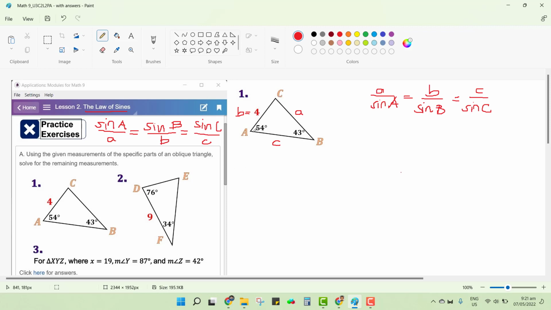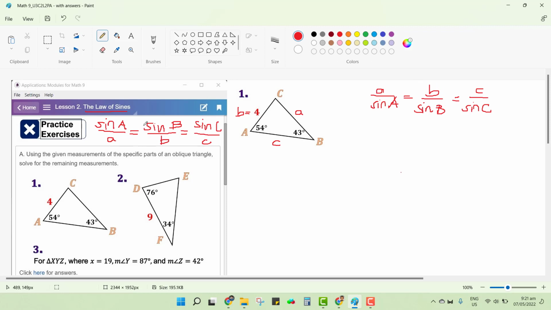In this given figure here, number 1, we have triangle ABC with given angle A, which is 54 degrees, the measurement of angle B, which is 43 degrees, and the side measurement of AC, which is 4 units, which is also the value of side b, as this is the side opposite angle B. In this specific situation, we can notice that one of the pairs in this proportion is given. That is actually the value of b, which is 4, and the angle B, which is 43 degrees.